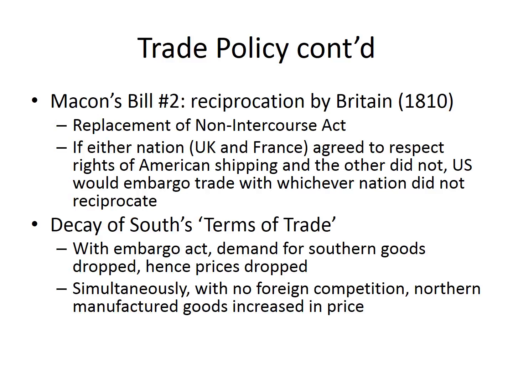Now, I mentioned this point with the Southern terms of trade before. We want to keep in mind what's going on here, really from 1808 through 1812, 1810, for these two or three years, and it's an ongoing problem.